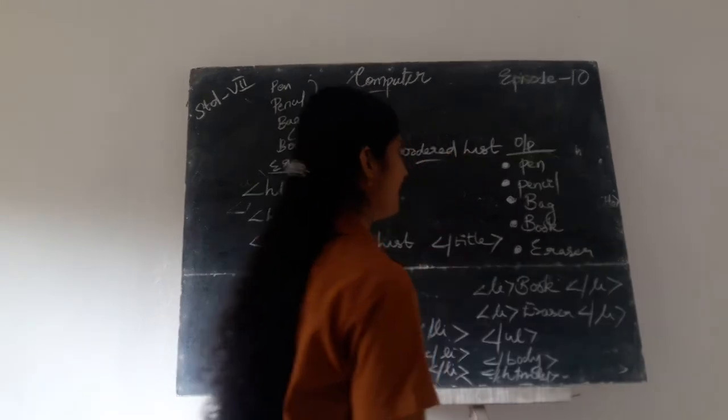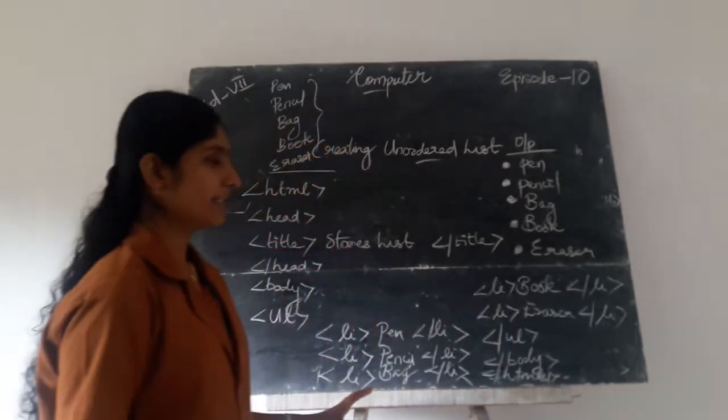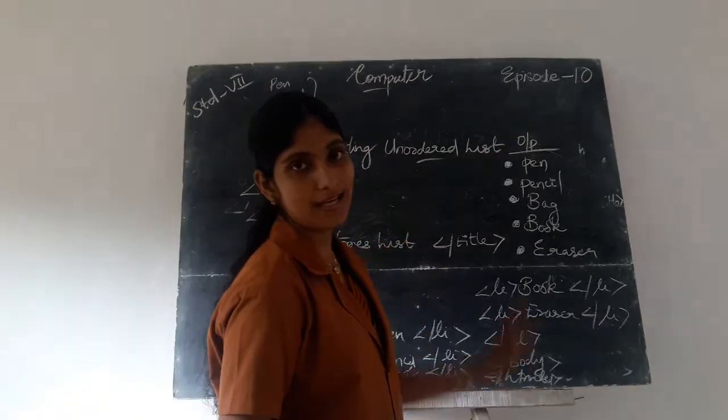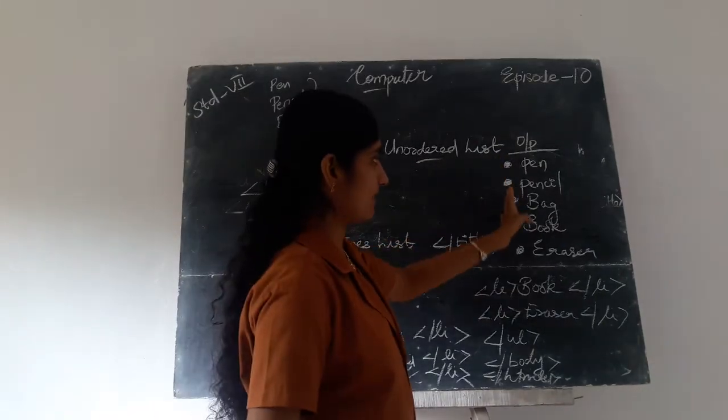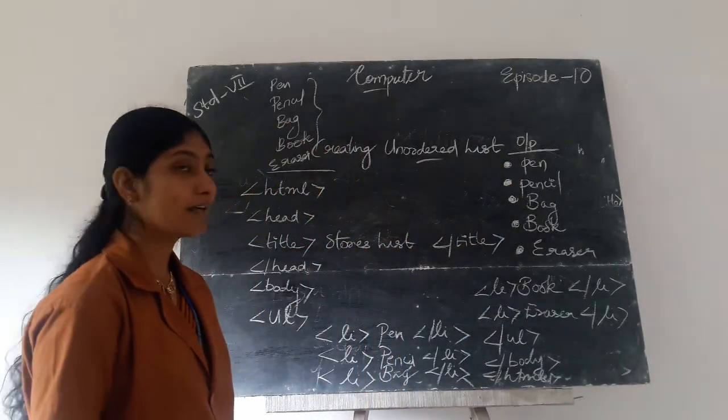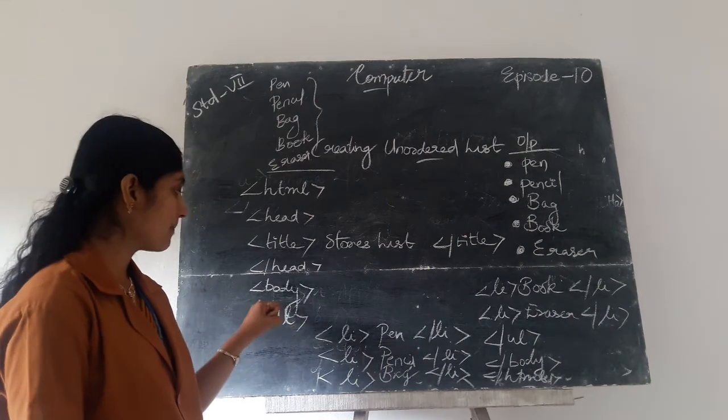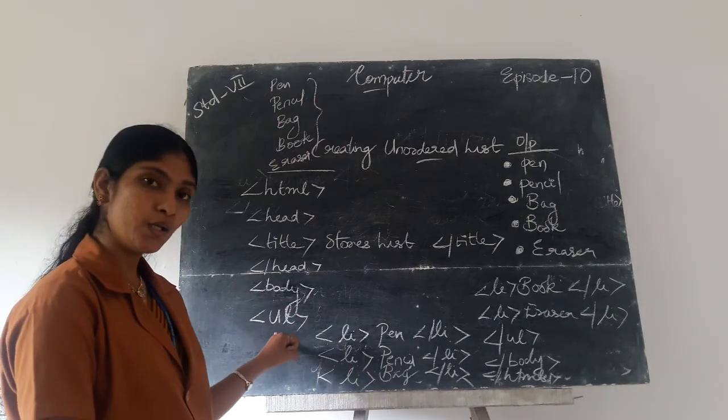So this is unordered list. It does not contain a serial number. By default, there is a bullet list, right? So this is what unordered list and represented using the letter UL.